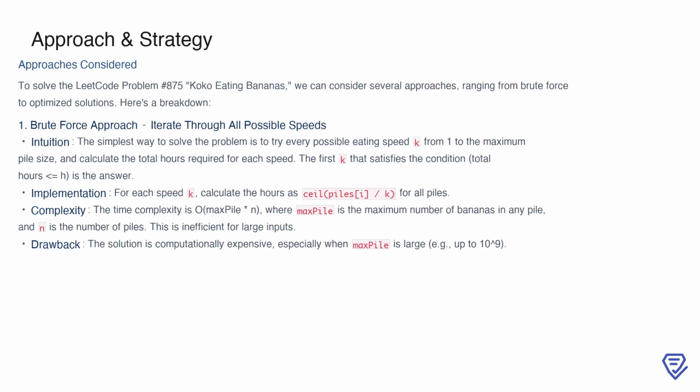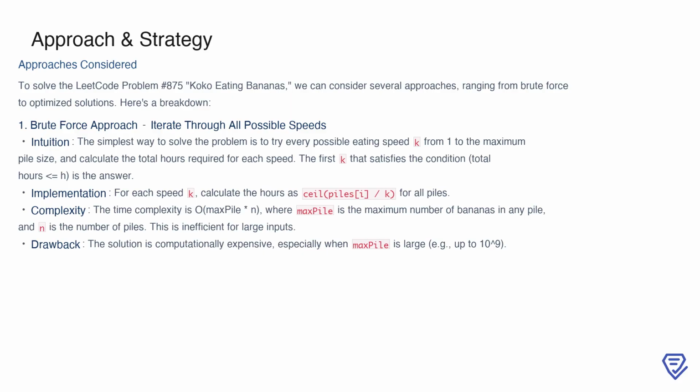To solve the problem of Koko eating bananas, we can explore a range of approaches, starting with the brute force method. In this approach, we iterate through all possible eating speeds, from 1 up to the size of the largest pile of bananas. For each speed, we calculate the total number of hours it would take to eat all the piles, rounding up for any partial piles, and check if it meets the required condition of finishing within the given hours.